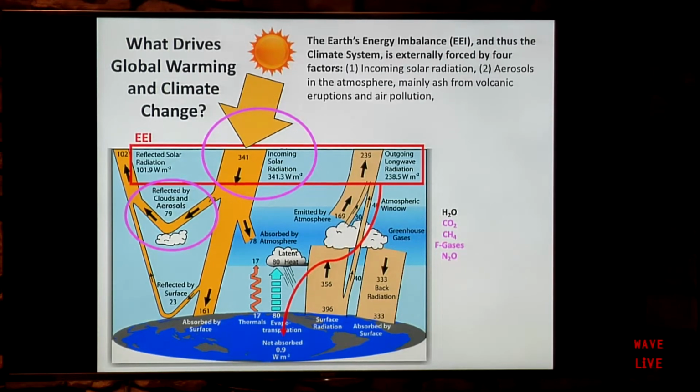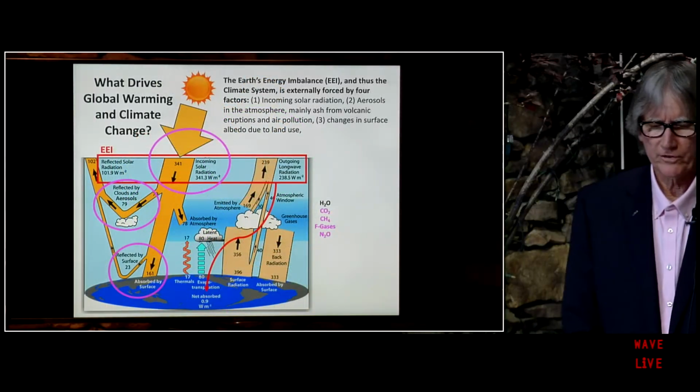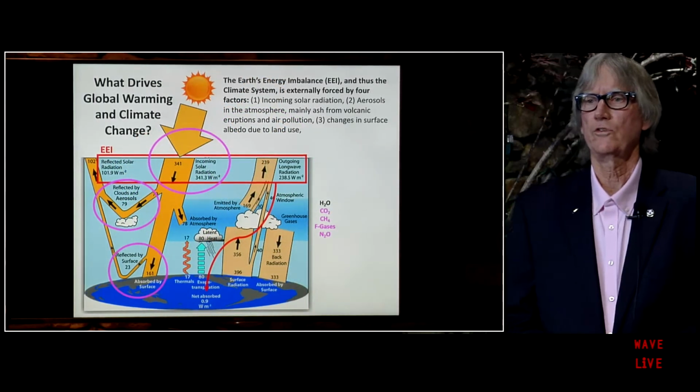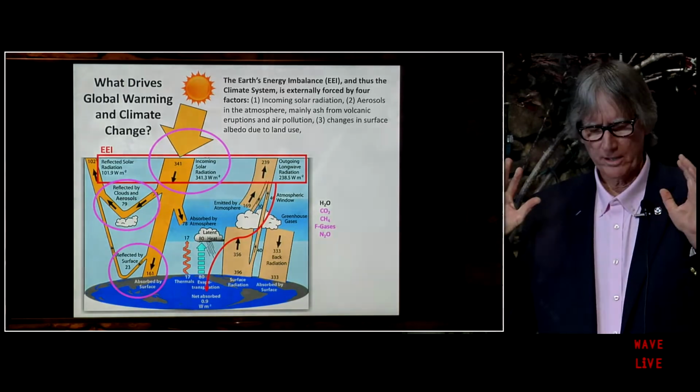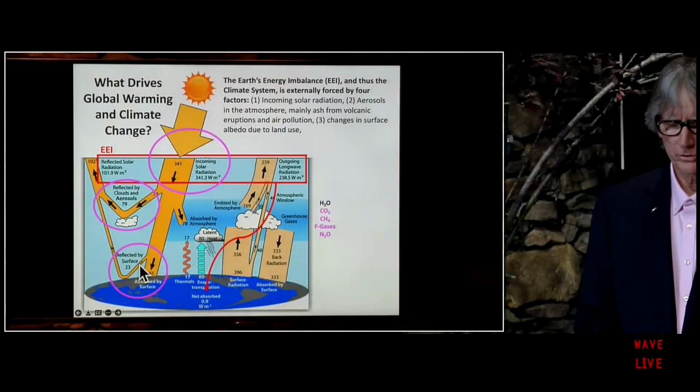Second thing are aerosols in the atmosphere, mainly ash from volcanic eruptions and air pollution, and that tends to reflect solar radiation back out and cool the Earth. The third factor is changes in surface albedo due to land use. So for example, when we humans practice deforestation and turn forests into cropland or cropland into grasslands or even grasslands into deserts, that changes the reflectivity or the albedo of the Earth, and that can either exert a warming or a cooling effect.